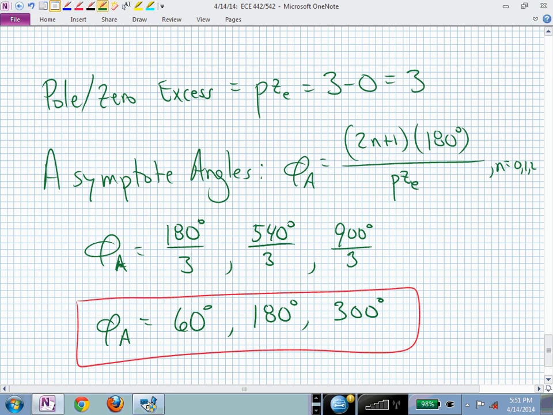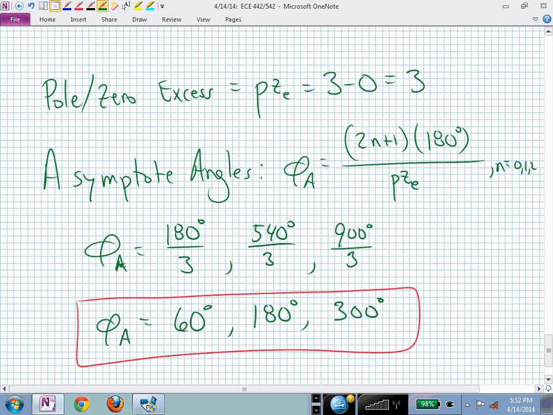Those are our asymptote angles. And essentially, if you thought of this as, oh, I have angles 60, 180, and 300, you have to figure out where do I pin that on the real line. Otherwise, it messes you up. You need to know where to pin that, and that's what your centroid tells you.